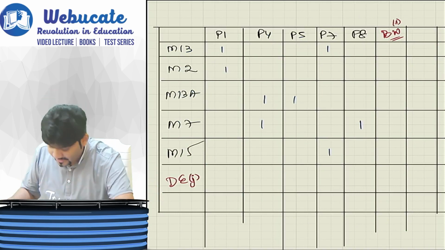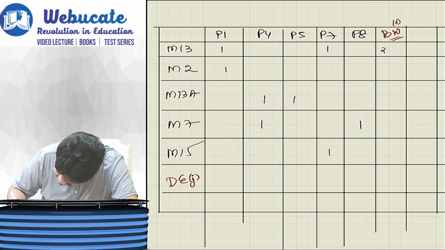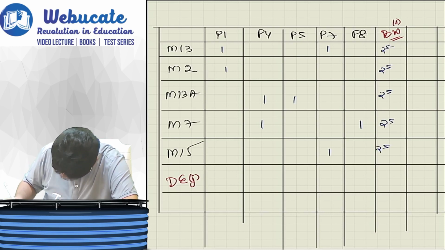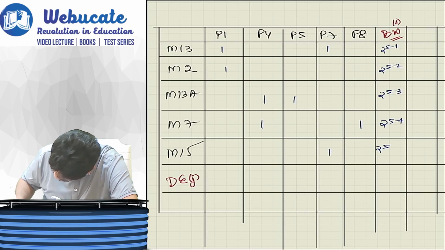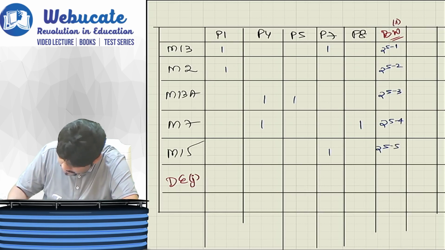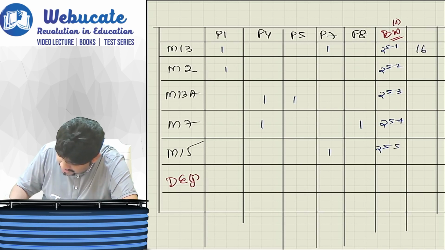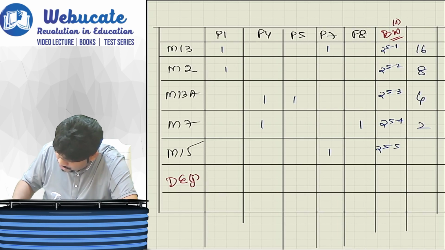Okay, same thing here. 2 raised to 5 minus 1, 2, 3, 4, 5. So 16, 8, 4, 2, 1.